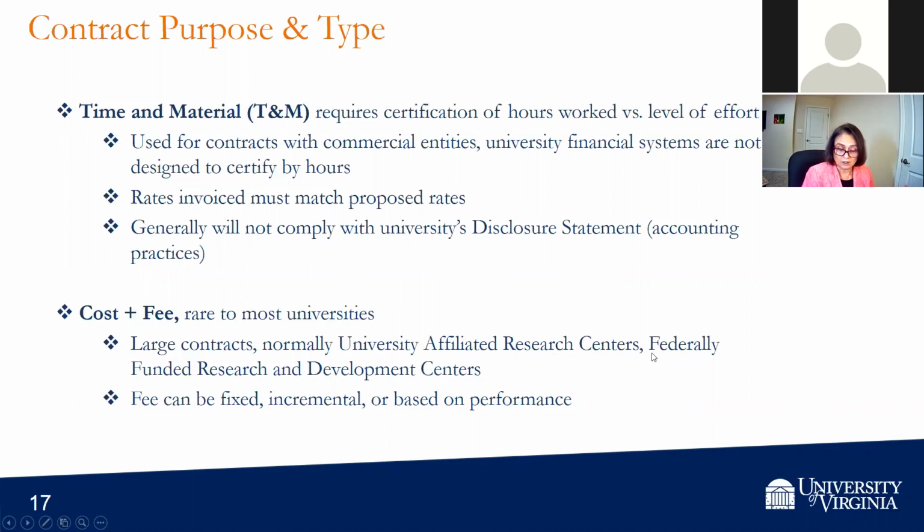And then I also worked at Caltech, where JPL is another cost plus fixed fee kind of contract, where Caltech receives a portion of the cost to manage the award, plus their administrative costs for managing the JPL NASA contract. These fees can be either fixed, incremental, or based on performance. Generally, I have seen fixed fees at both universities I worked at.